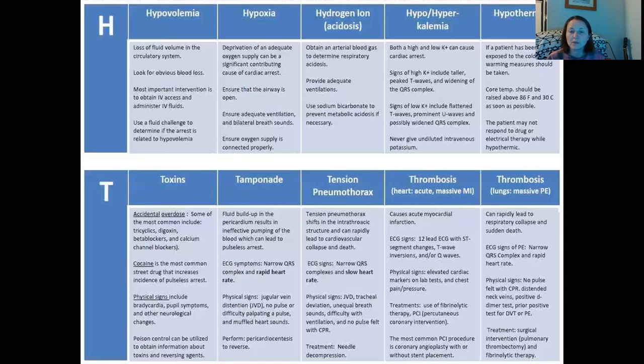What are you going to suspect is going on? I'm going to give you guys a second to think. I'm going to suspect hypovolemia. I'm going to think that they're bleeding out because we stuck their artery and it's bleeding somewhere. They had a blood pressure drop. That is what I'm going to suspect.